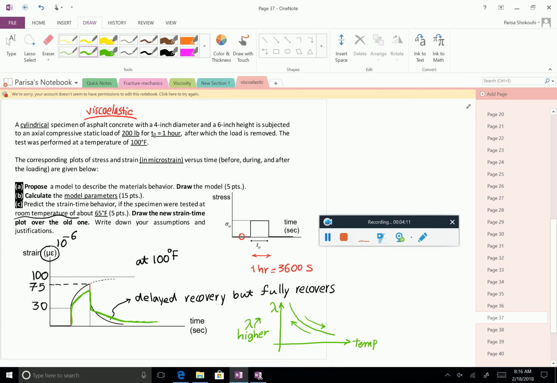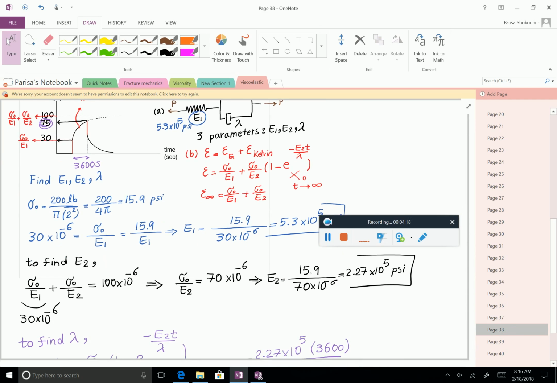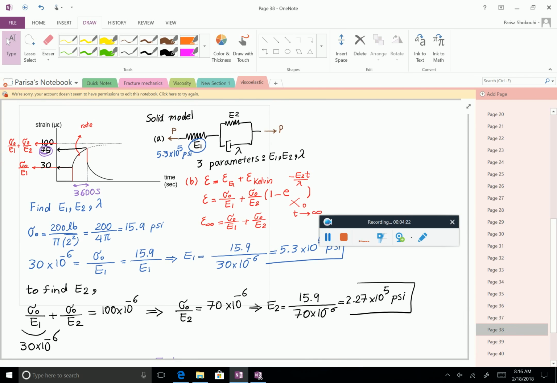Okay, so this was the first problem that I wanted to solve for you. We have all the three model parameters. The instantaneous we got from the elastic deformation in the beginning.